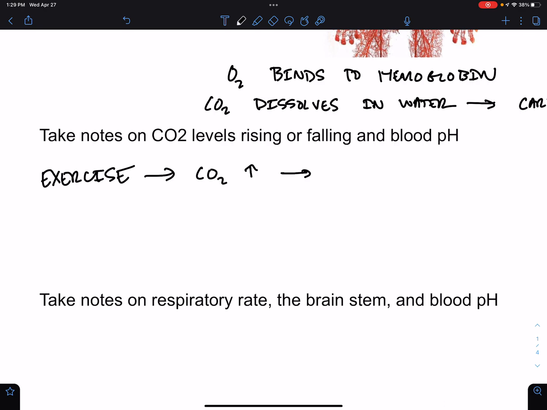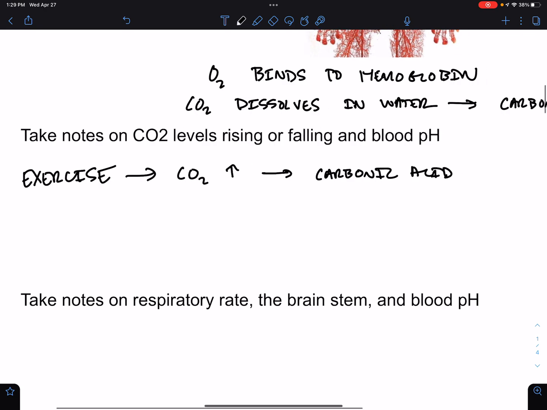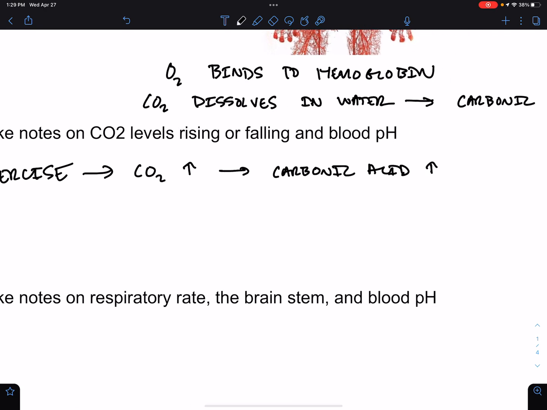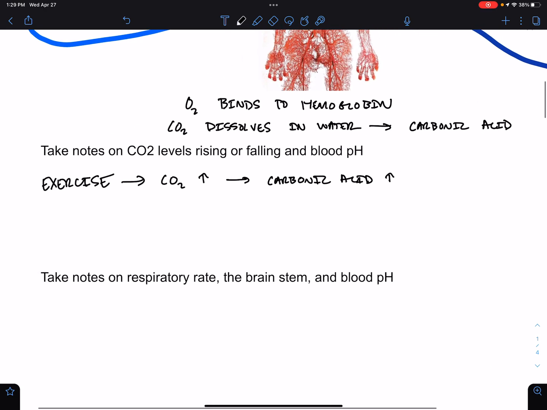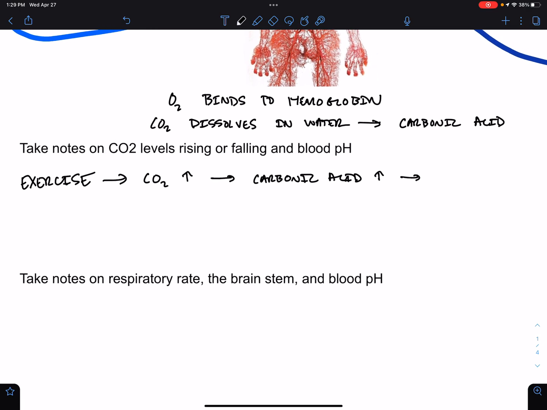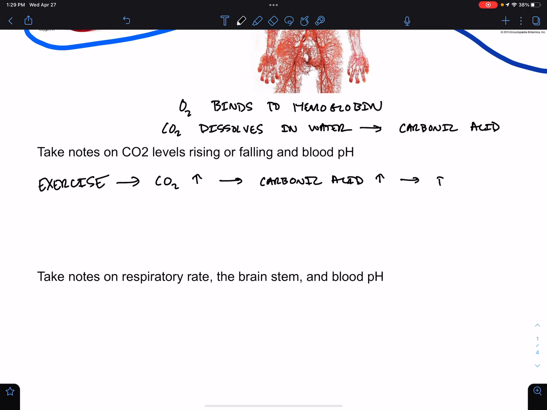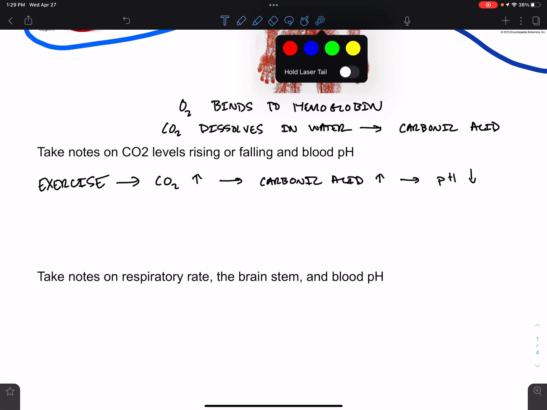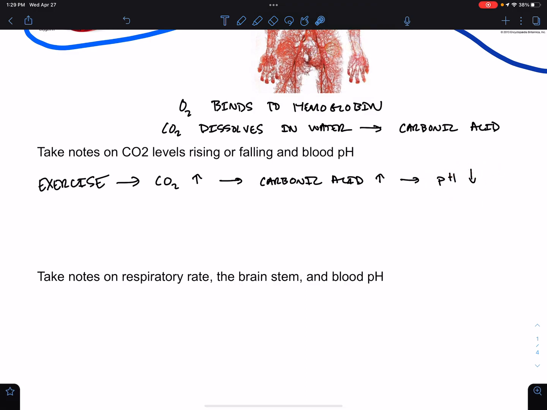Therefore, there's a lot more carbonic acid in your blood. So carbonic acid levels rise, meaning your blood is becoming more acidic, so the pH of your blood is actually dropping. It doesn't actually drop below 7, but it starts to fall.